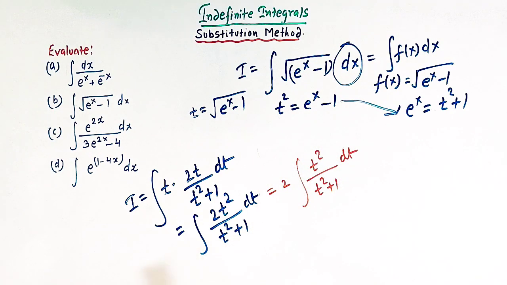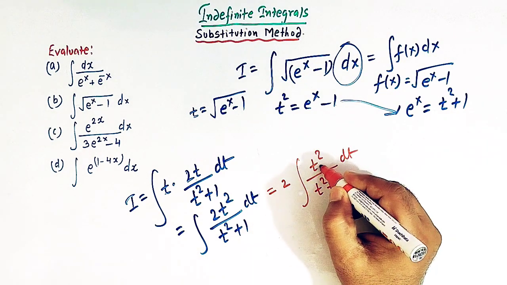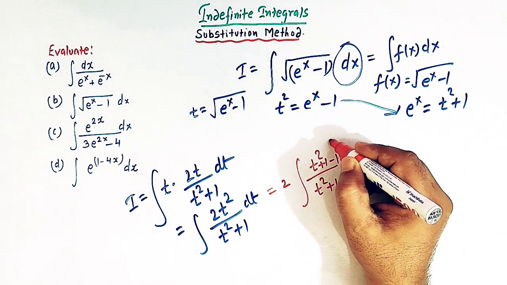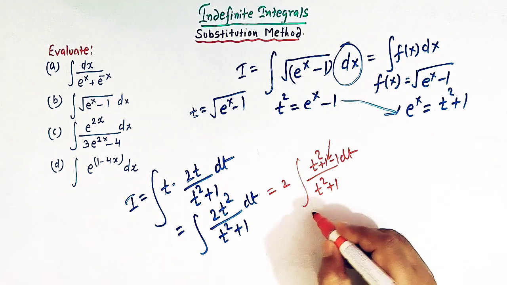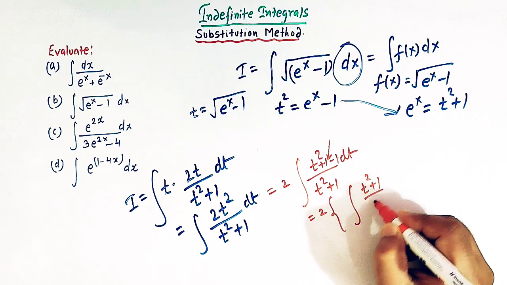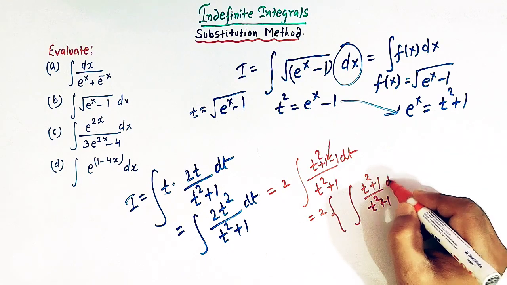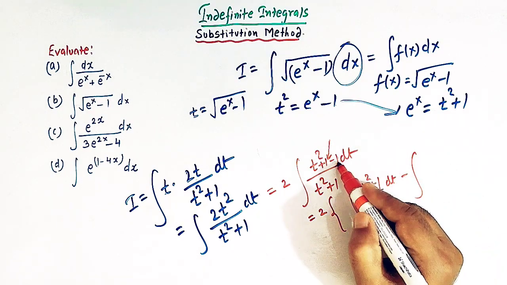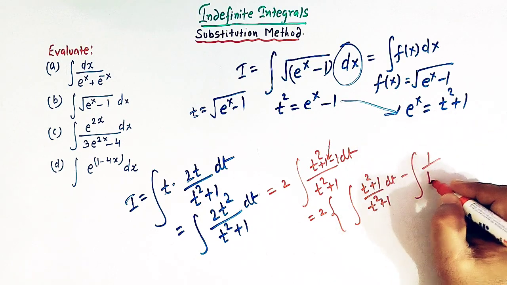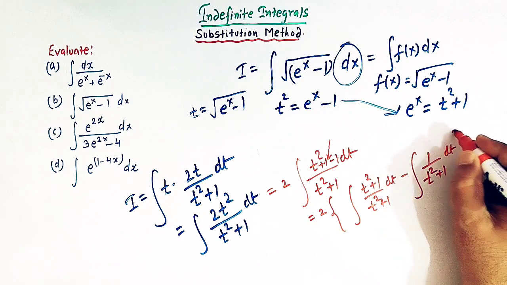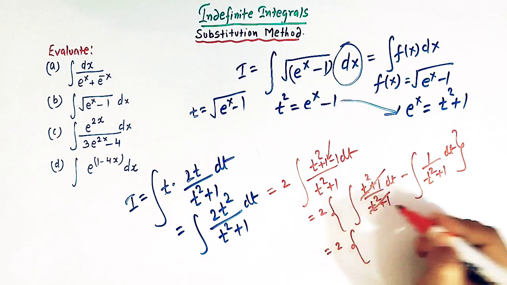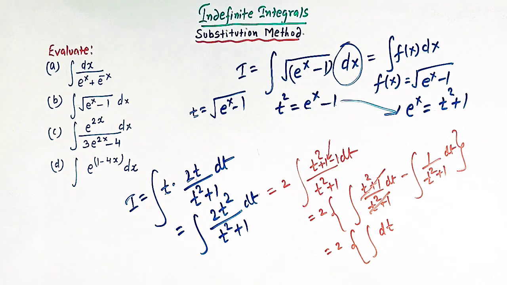Now to move further, we'll add 1 and subtract 1, right? And we'll split the integral at this point. So we have 2, and we can first write the integral of t square plus 1 over t square plus 1 dt, and then minus 1 over t square plus 1 dt. Here t square plus 1 and t square plus 1 get cancelled, so we are left with simply dt.